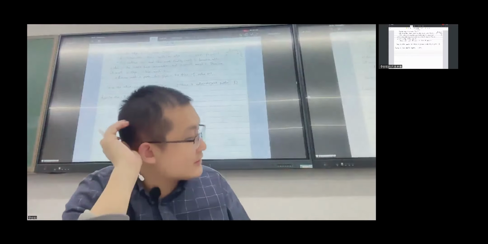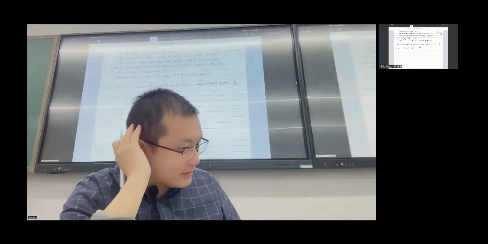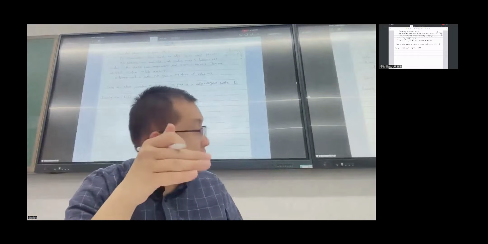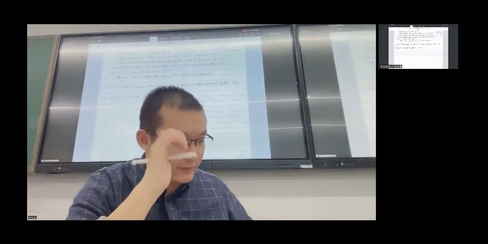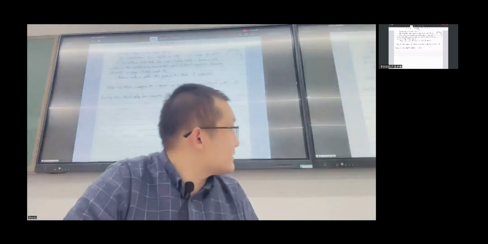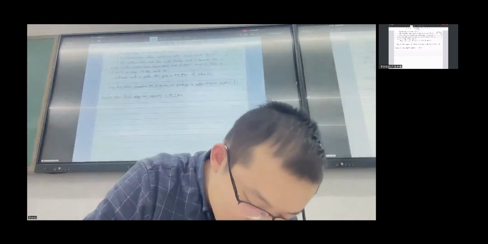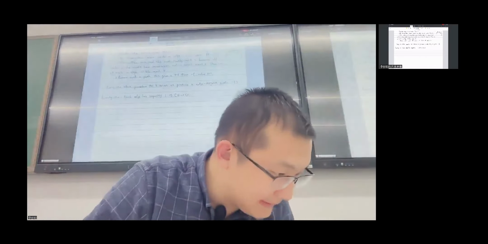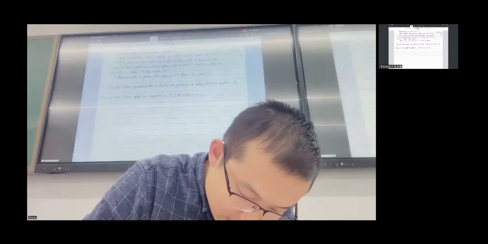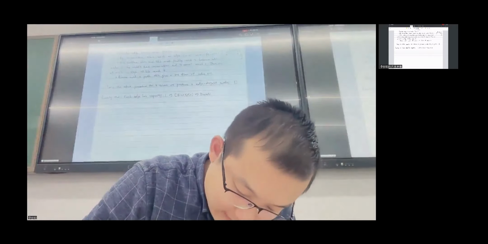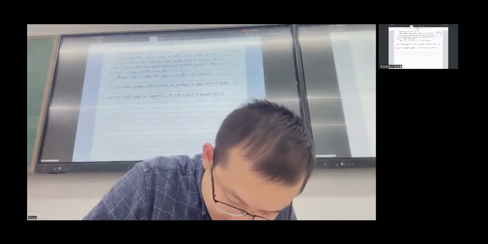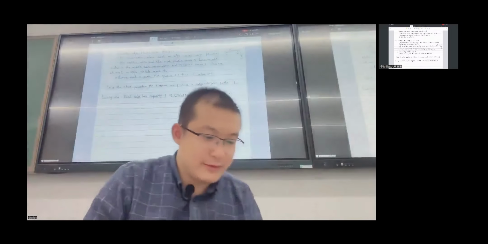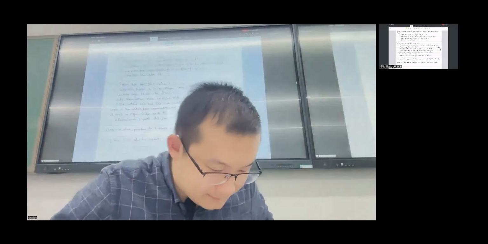Only considering the outgoing edges from S here, there are at most m edges. Sorry, at most n edges, and each of them has capacity 1. So we definitely know that C is smaller than or equal to n, equals O(n). So this gives that the overall cost is O(nm) for solving the edge-disjoint problem.